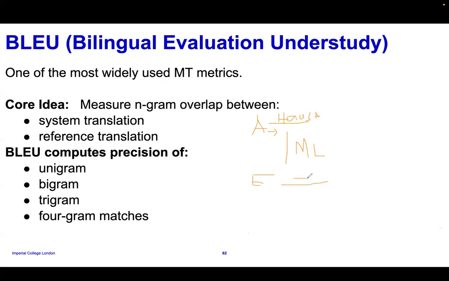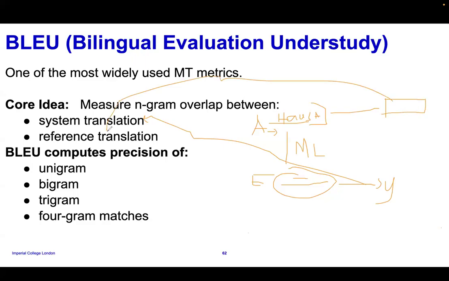This one that the machine learning system translated is what we call system translation. But my original Hausa that I want to translate, because I want to evaluate how good the machine learning system is, I already translated by human. This translation by human is what we call reference translation.